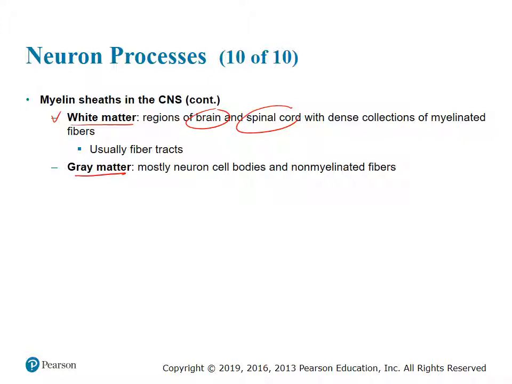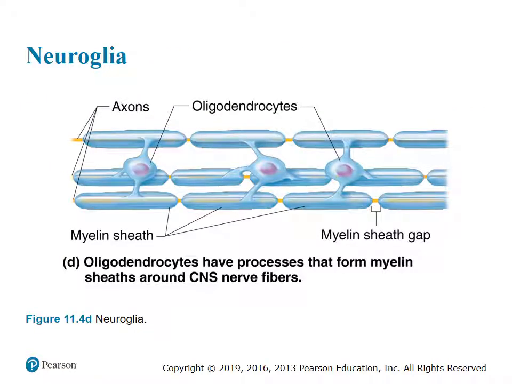And the places that don't have myelin, which obviously the cell body doesn't have, or neurons that don't have myelin on their axon, we call that area gray matter. White matter, gray matter. You'll get to see this again. We'll dissect a spinal cord and a brain, so we'll see both of those. You want to point out gray matter and white matter, right?